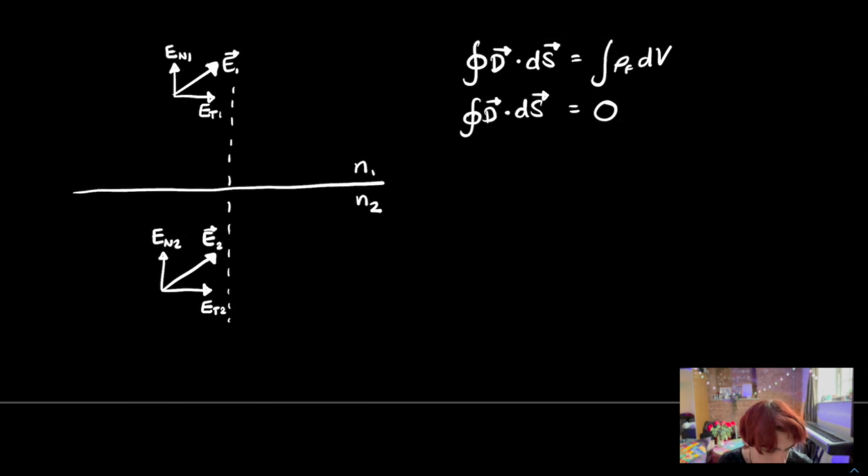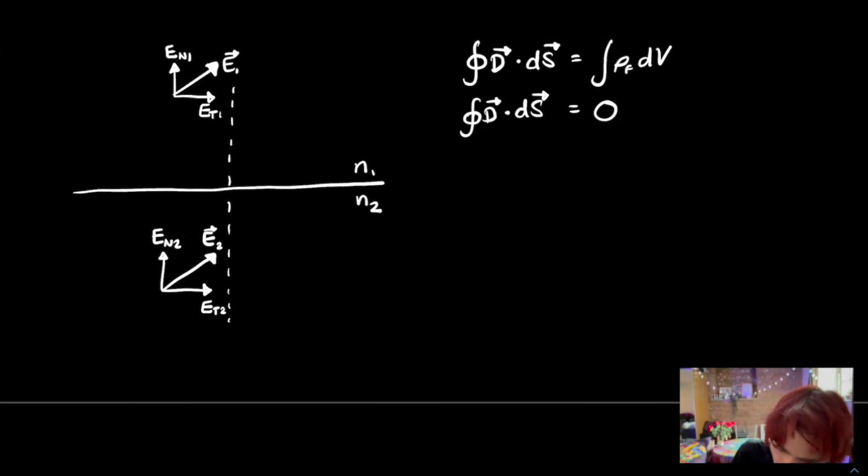So what should we choose for our surface right here, which is going to encapsulate a volume? Well, normally with these kinds of things, we like to choose a surface that reflects the symmetry of the situation. Now we have a flat plane right here, essentially. I've only drawn a line because it's in 2D, but if this was in 3D, this would just be a plane extending off to infinity. And so what do we do when we have a flat plane?